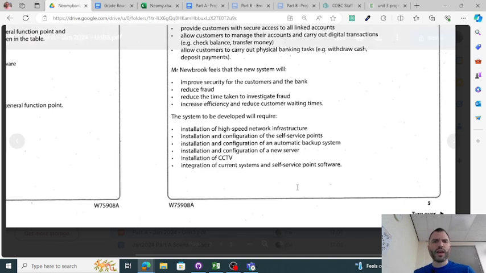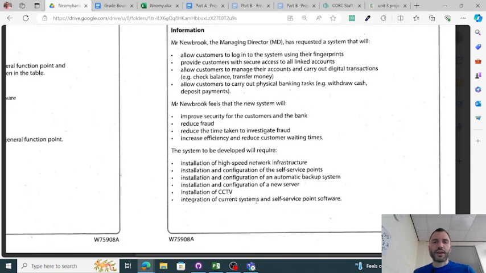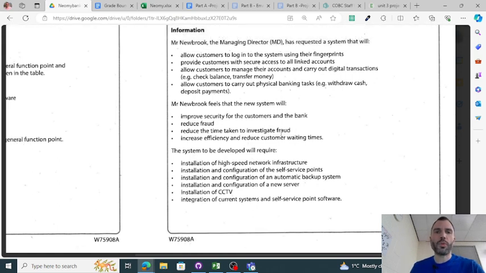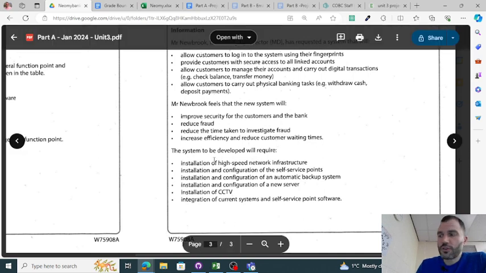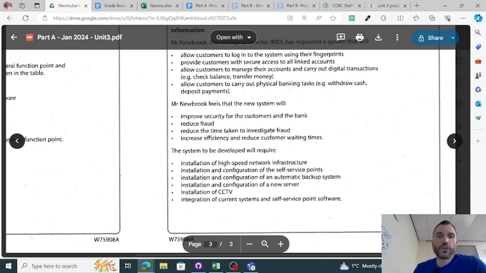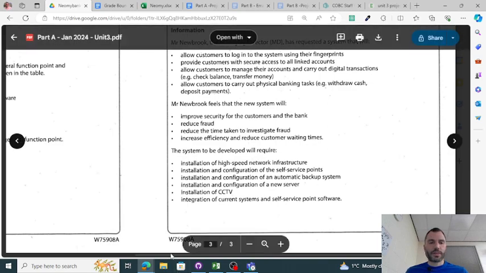So they want to install CCTV, so that if there is a problem, they can investigate fraud quicker. These are the business aims: investigate fraud, reduce customer waiting times, and reduce fraud. Overall, make banking better for the customers and better for them as well, because they're not going to lose money, and customers are not going to get defrauded. That is the whole point of this system.